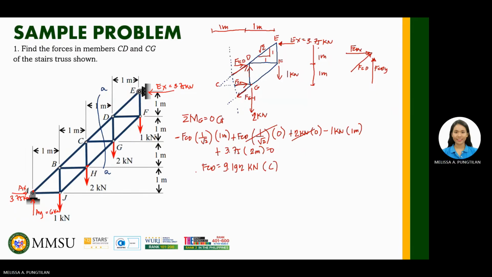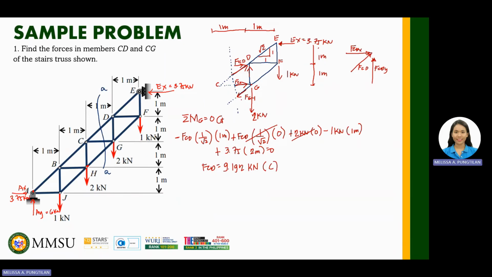Okay. Next, CG naman. CG. Okay, for our CG, ito yung kukunin natin, CG. Okay, by taking the summation of moment at point. Okay, hindi pa natin makukuha directly si CG. Meron na tayong CD. Yung FGH natin is slanted.